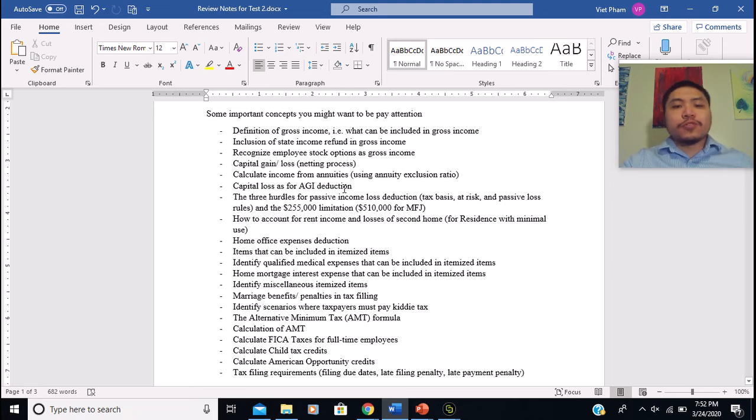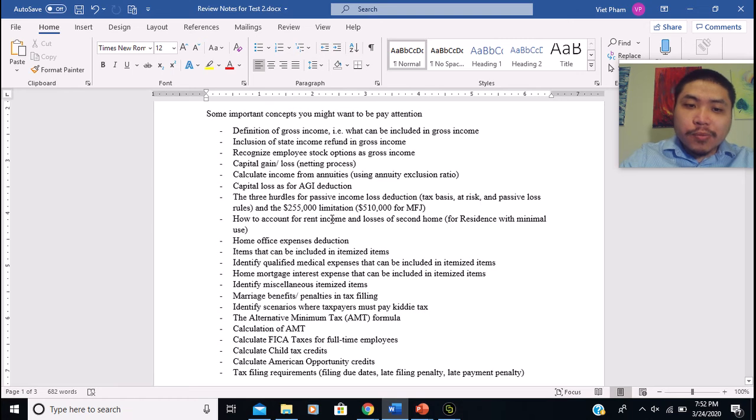So make sure you review that as well, and make sure that you know the 3 hurdles for passive income loss deduction. Remember, there's a tax basis hurdle, an at-risk hurdle, and then the passive loss hurdle, right? So make sure you know how to identify the allowable amount of loss that can be deducted using these 3 hurdles.